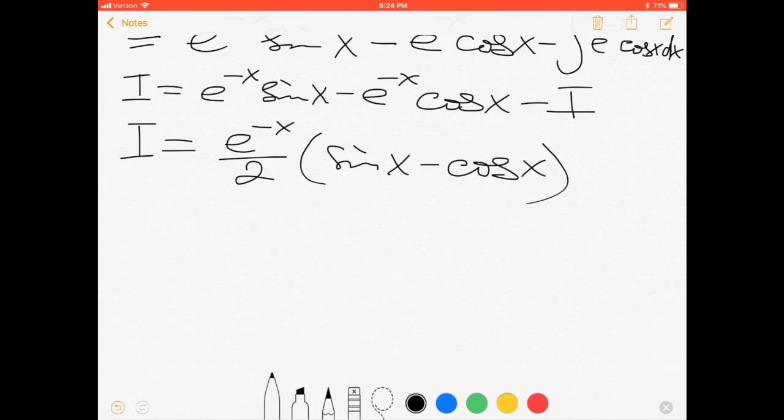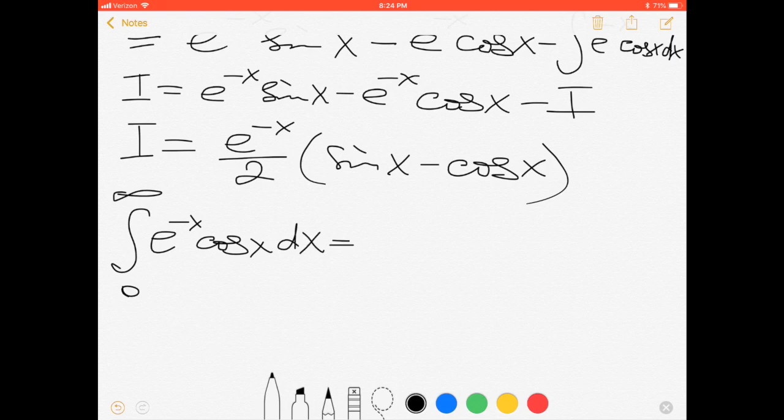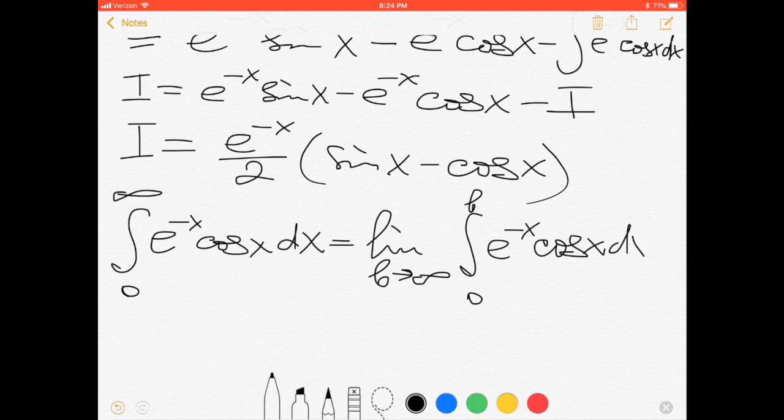Okay, go back to our integral. As you remember, it is the integral from 0 to infinity of e to the negative x cosine x dx. Because our border is infinity, we substitute b and let b approach infinity, the integral from 0 to b of e to the negative x cosine x dx.